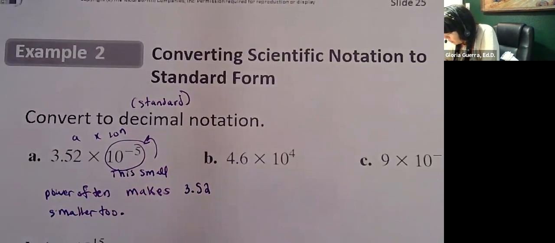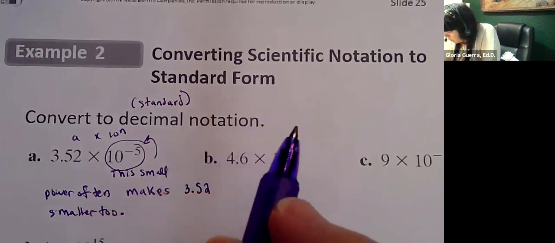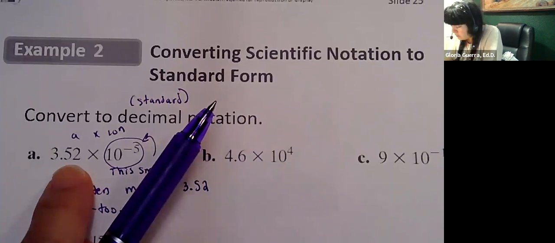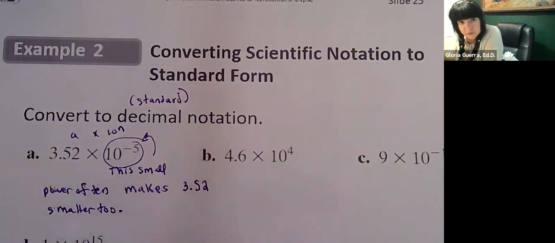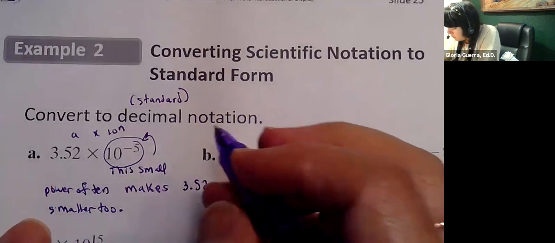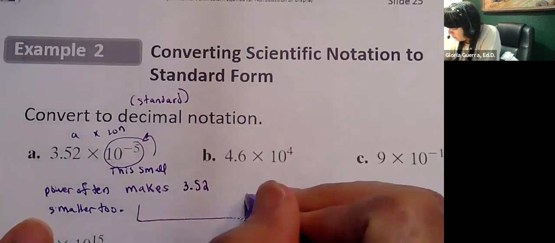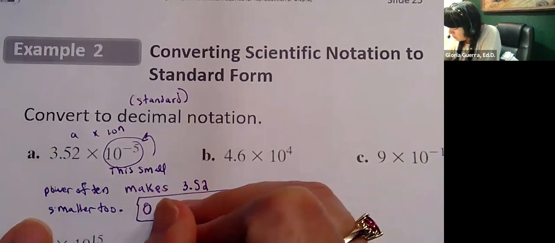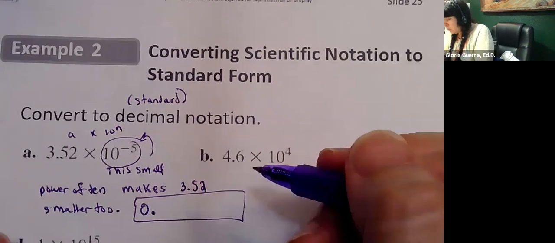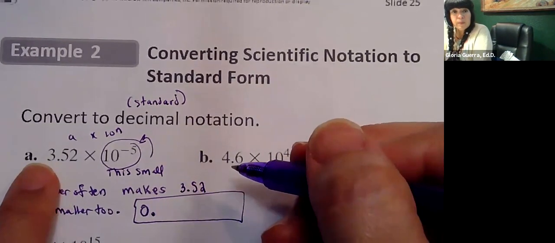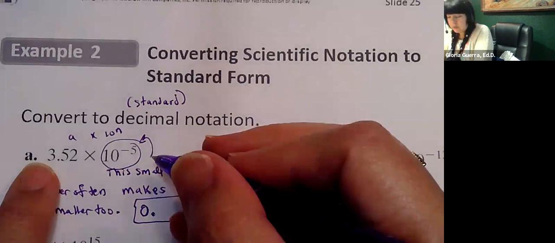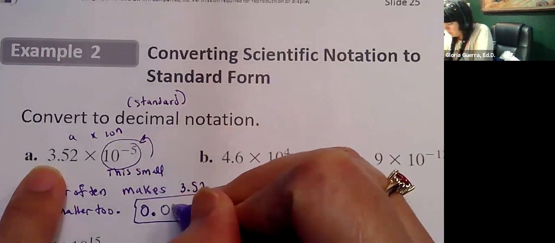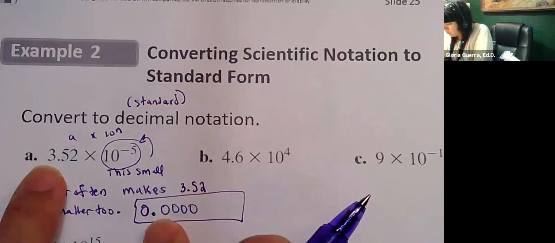Okay. Since it's going to make this smaller, the only way to make this smaller is to move your decimal to the left. So then in our answer here we have 0 point, and I'm going to move this to the left 5 times. So this counts as one move, but then I need 4 zeros. 1, 2, 3, 4 zeros.